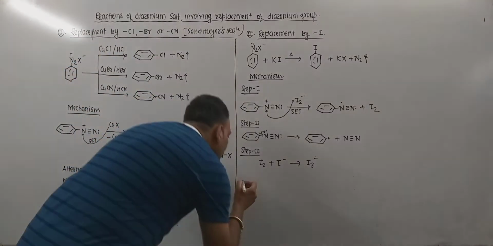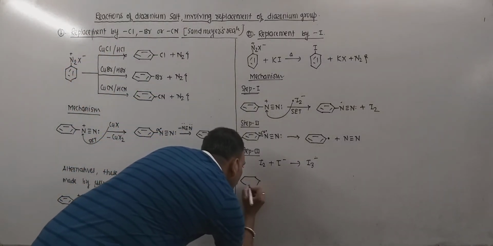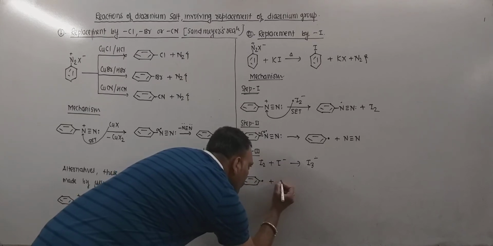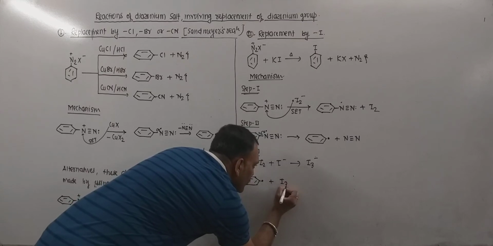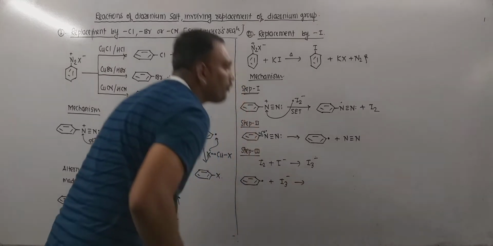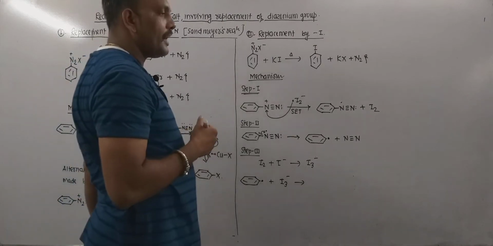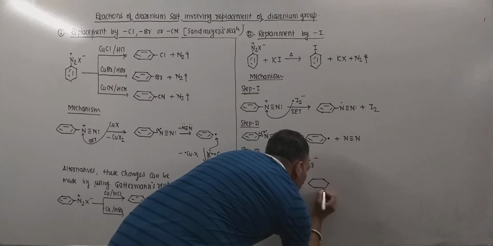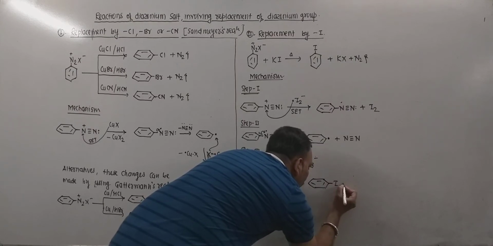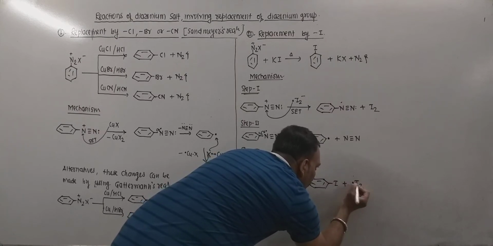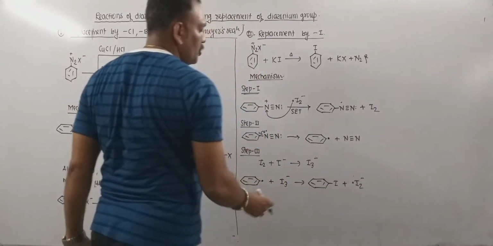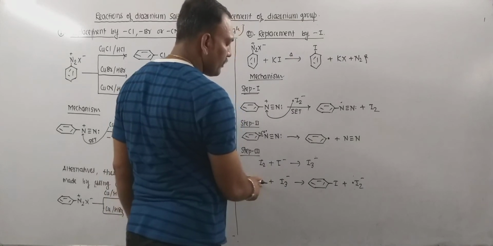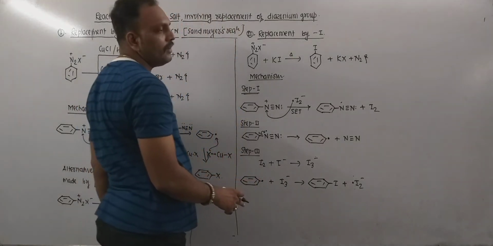The phenyl free radical so obtained contains an unpaired electron, so it ultimately interacts with the polyiodide ion, the triiodide ion I must say, and this leads to the formation of our product iodobenzene along with a species like this. So iodine with one electron gets shared right here with this phenyl free radical.